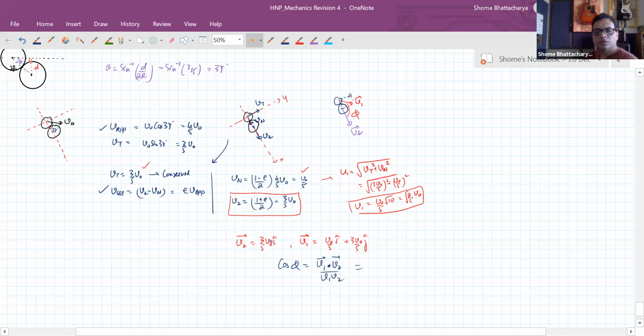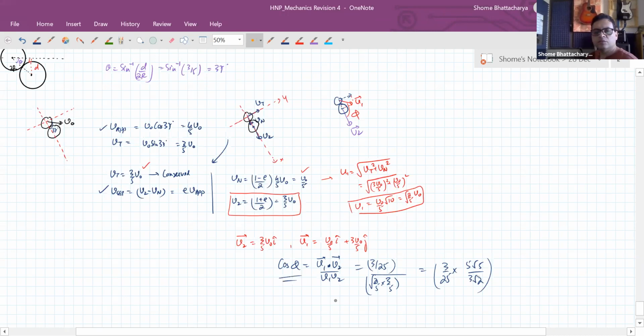So the dot product you can see will give us 3 by 25 v naught square. V naught square will cancel out, divided by v1's magnitude root 2 by 5 into v2's magnitude 3 by 5. So this is 3 by 25 into 5 root 5 by 3 root 2. Something like this.